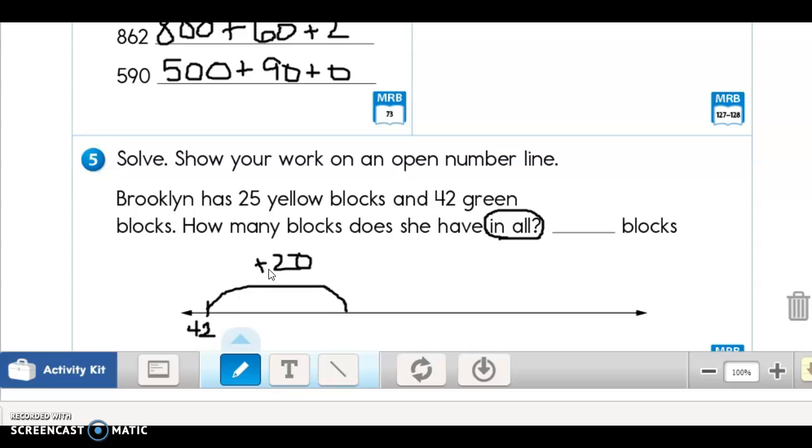Oh, 4 tens plus 2 tens is 60, 62. And now I have to add 5 more because the question said 25. 20 plus 5 is 25. So I'm going to add 5 more here. And 62 plus 5 is 67. So I'm going to put my answer here, 67, and my unit would be blocks.